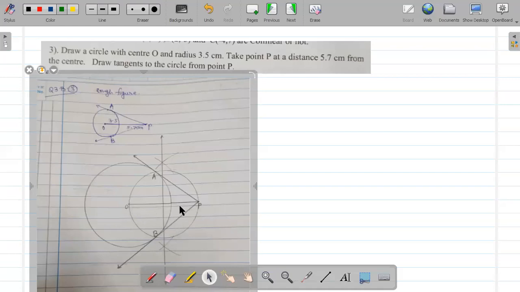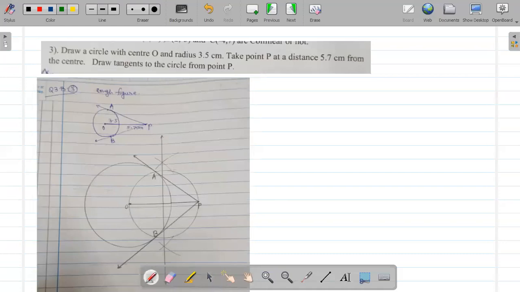And how do we draw the perpendicular bisector? Keeping the steel point at O, we draw one arc like this and one arc like this, taking more than half the distance in the compass. Then using the same length, we keep the steel point on P and cross the arcs. Joining these 2 points, we get the perpendicular bisector, and that gives us this point.